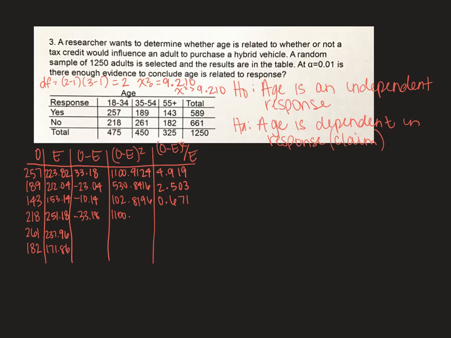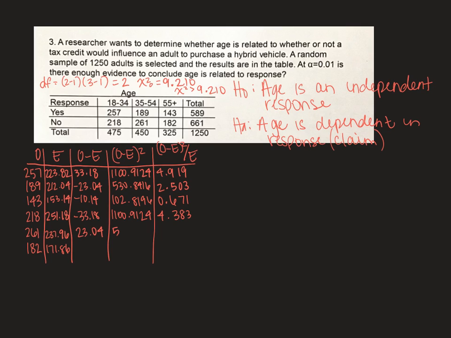Squared is 1100.9124. Divided by 251.18 is 4.383. 261 minus 237.96 is 23.04.